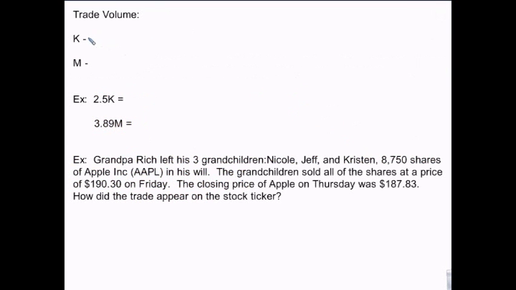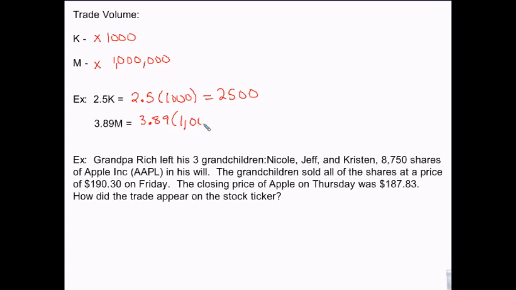To figure out the trade volume, if it's a K, you multiply by 1,000, and if it's an M, you multiply by 1,000,000. So 2.5K is 2.5 times 1,000, and 3.89M is 3.89 times 1,000,000.